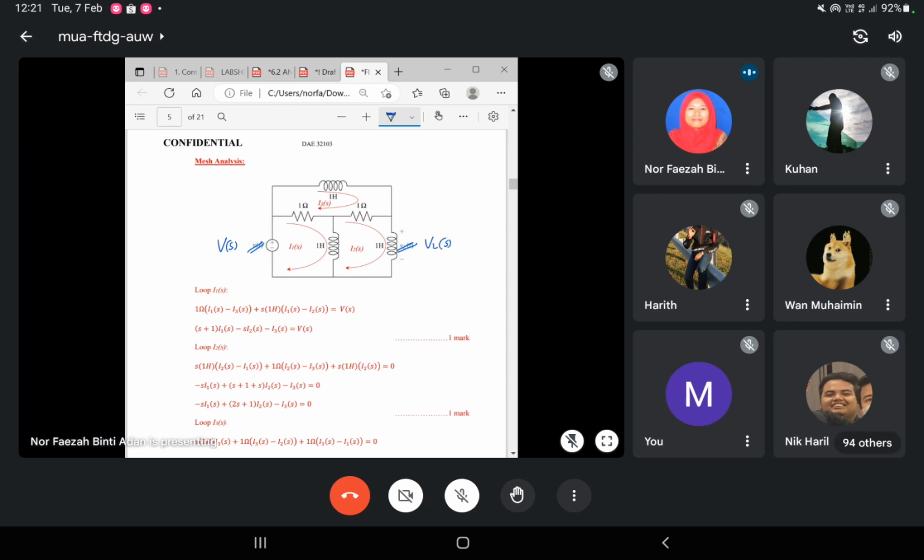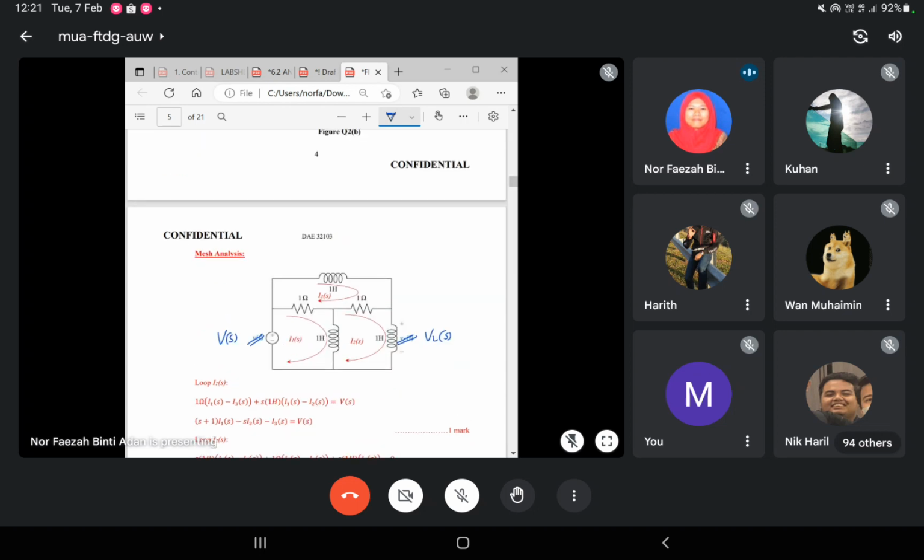Okay, next one. Kita nak convert each of the component into S domain. So when we have inductor, okay, ingat lagi dalam table you tahu relationship of voltage untuk inductor adalah VL = L di/dt. Okay, so bila kita nak cari dia apa?